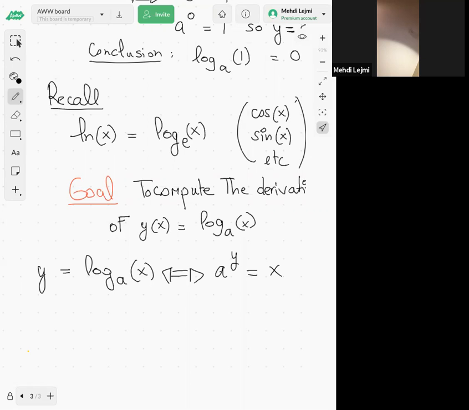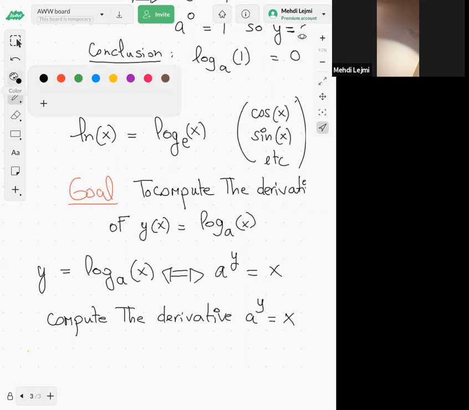So now let's compute the derivative of a to the power y equal to x. Remember, guys, this y is supposed to be a function of x.